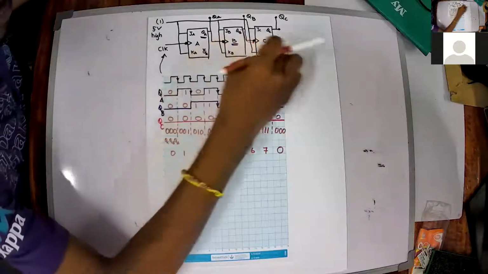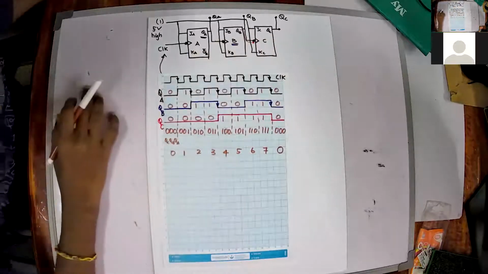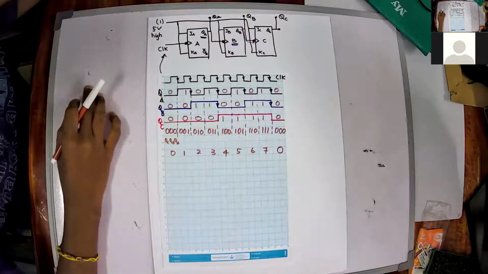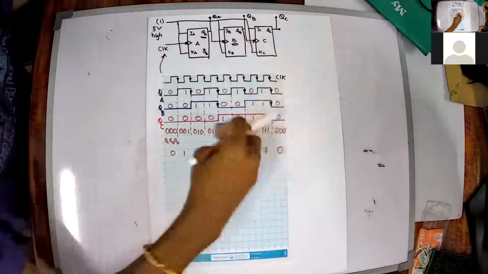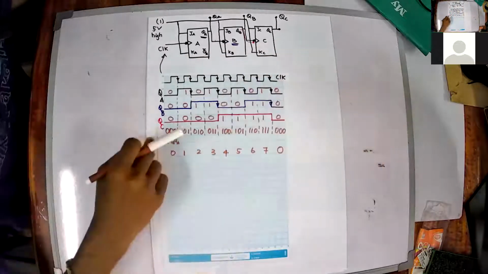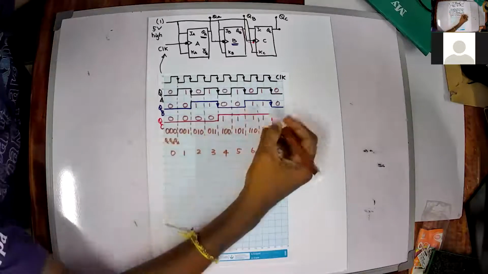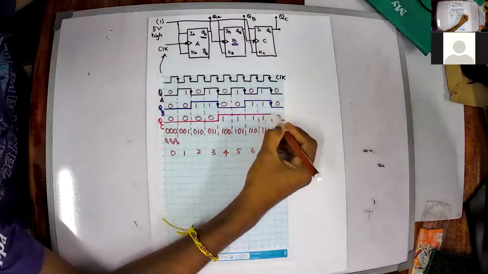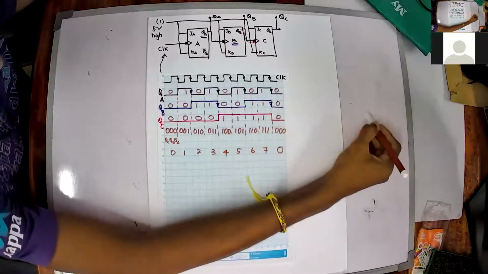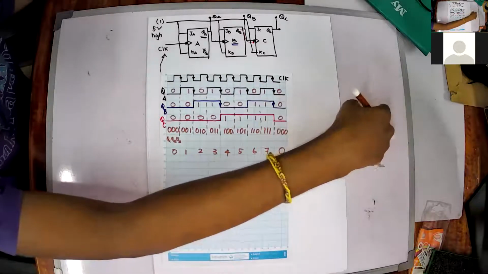Since we have 3 flip-flops, it is a 3-bit up counter. When you have a 4th flip-flop, it will become another flip-flop, QD. That will have its first negative pulse, and then another negative pulse in the 16th clock pulse.